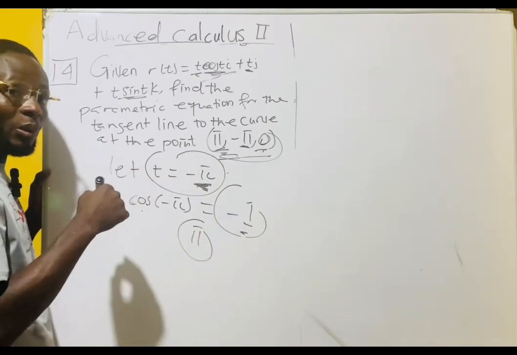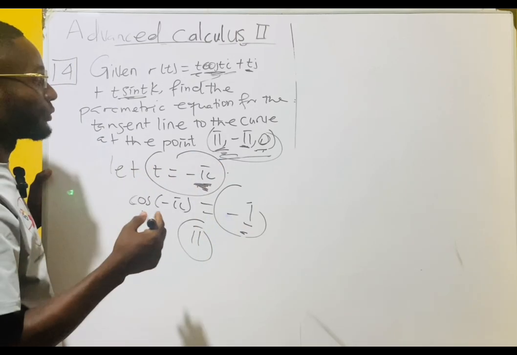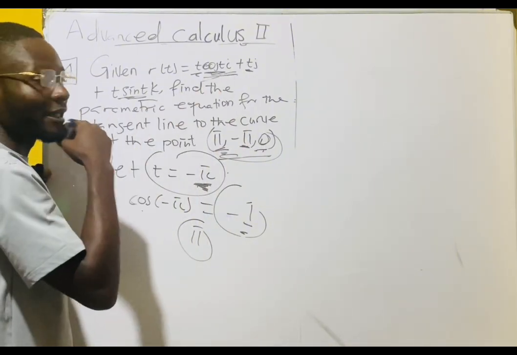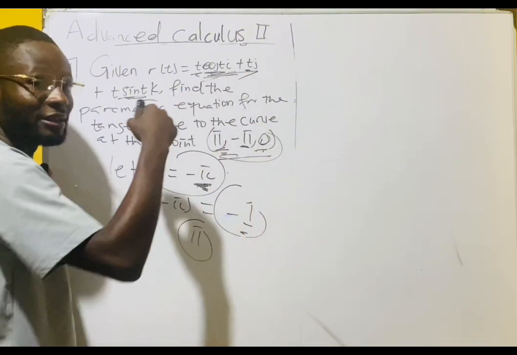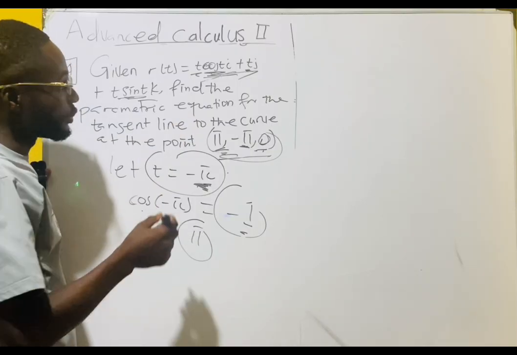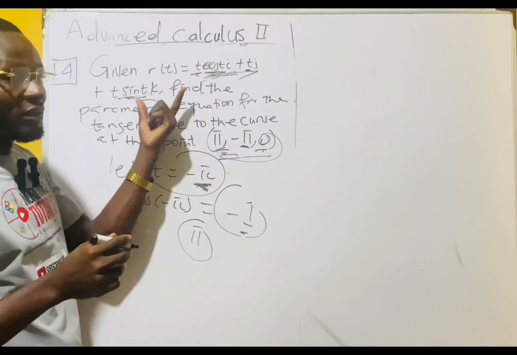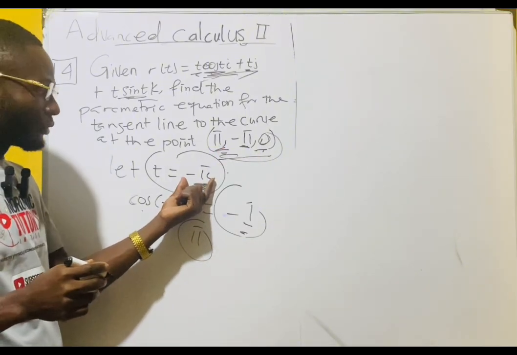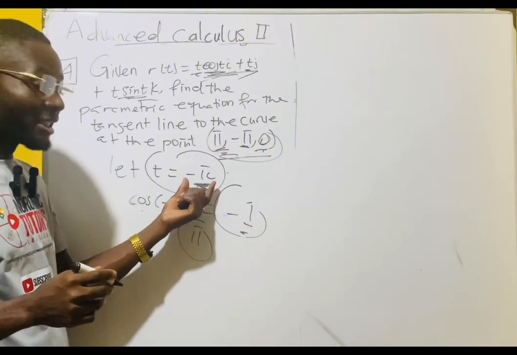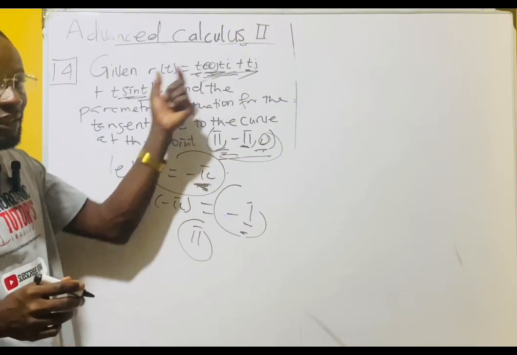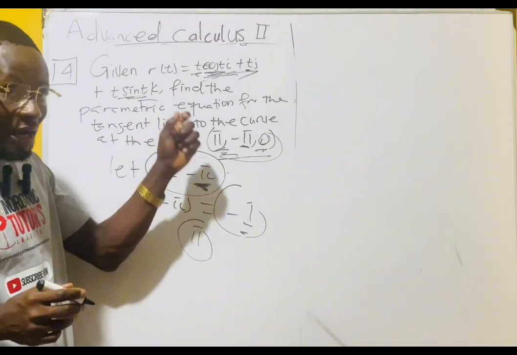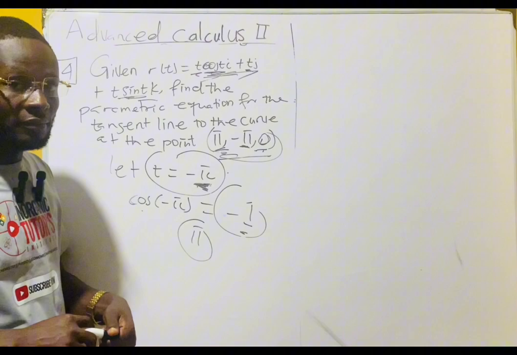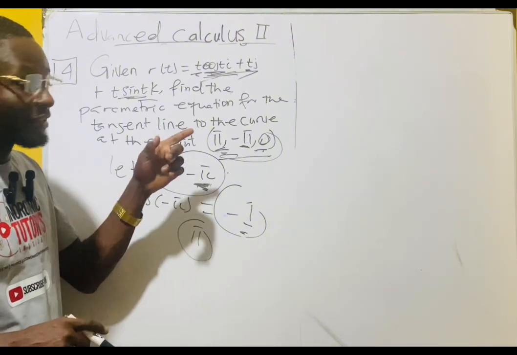So now, once you have the correct parametric value, you can go ahead and differentiate each of the components to have the direction vector. Then you substitute the correct parametric value, which we have here to be negative pi, into the differentiated radius to have the directional vector.